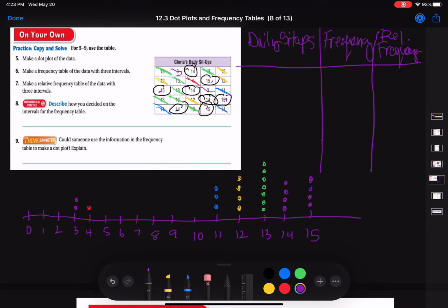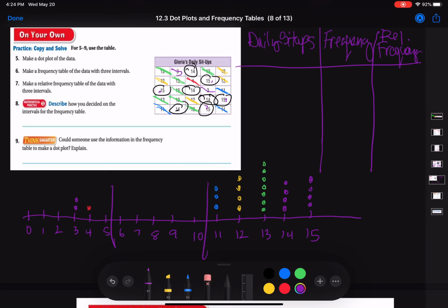Okay, so now we need to make intervals. Let's go with 3 intervals. Okay, so let's do 0 to 5. I'm sorry, 1 to 5, 6 to 10, 11 to 15.